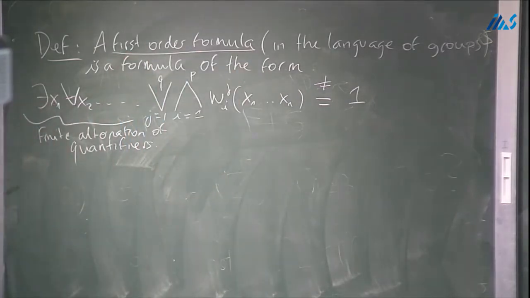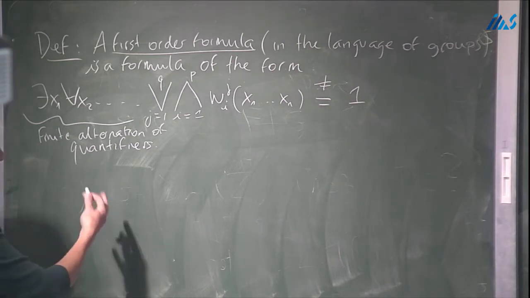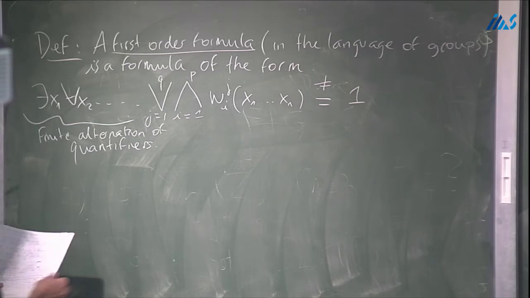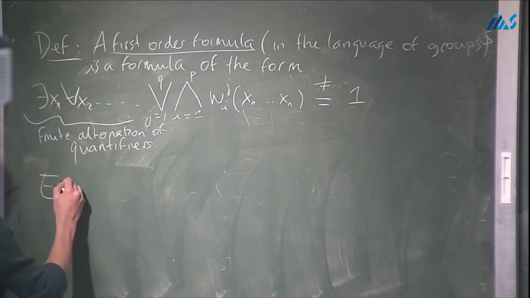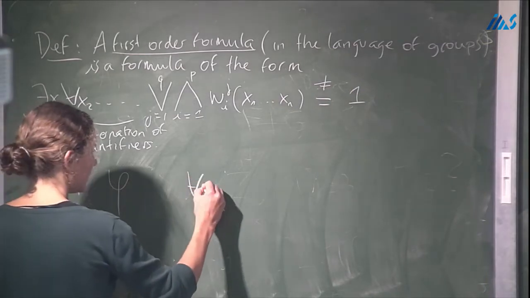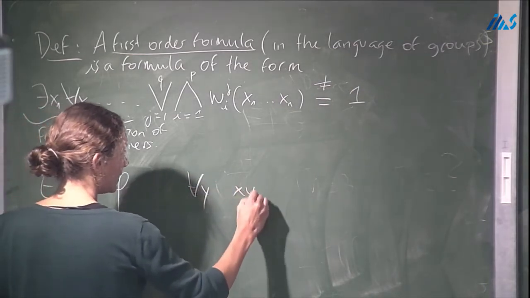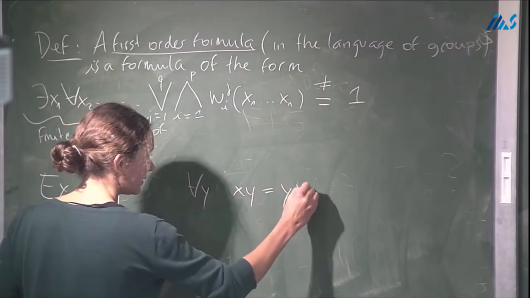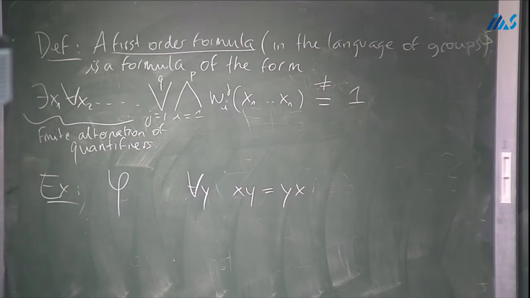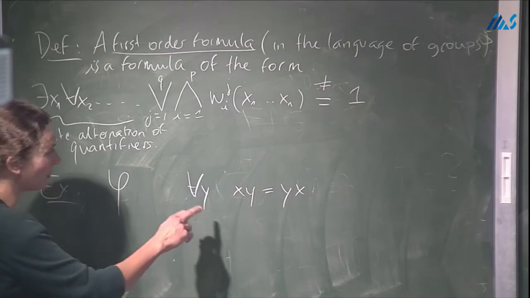And then a definable set is just a set of elements which satisfy such a formula. So let me just give some examples of very simple formulas. So you can have a formula which says for all y, xy equals yx. Of course it's not in the completely general form here, but you can easily put it in this form.